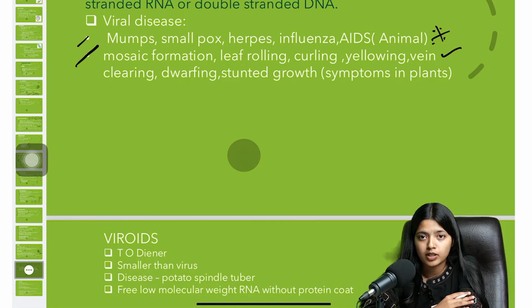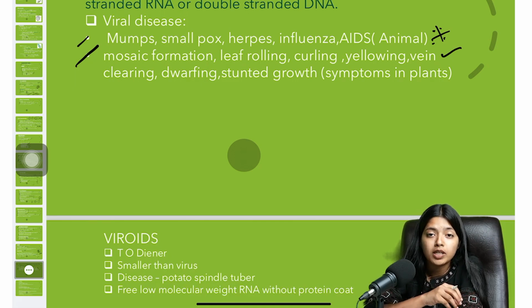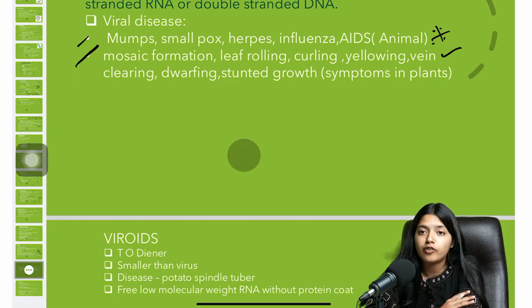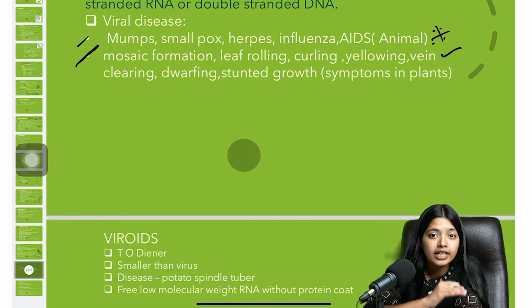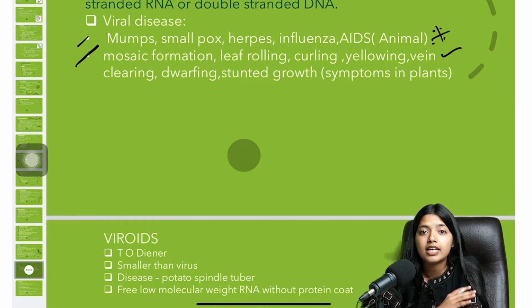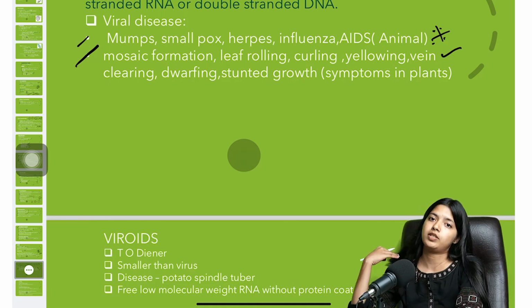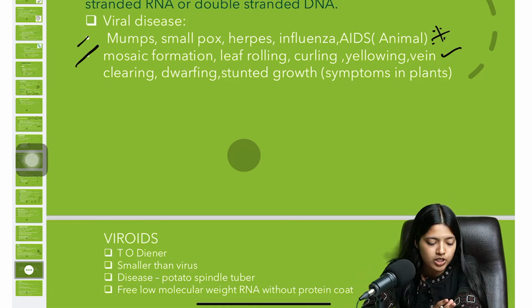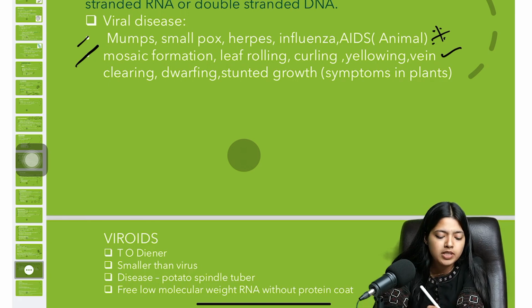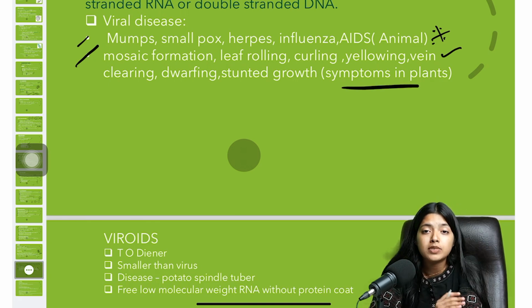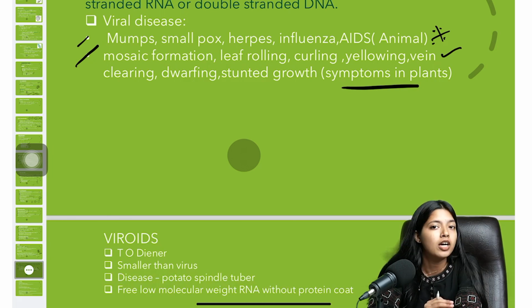Vein clearing: the chlorophyll content decreases, so the veins become clearer. Dwarfing means height will decrease. Stunted growth means growth is stopped. These are symptoms of plants infected by virus.